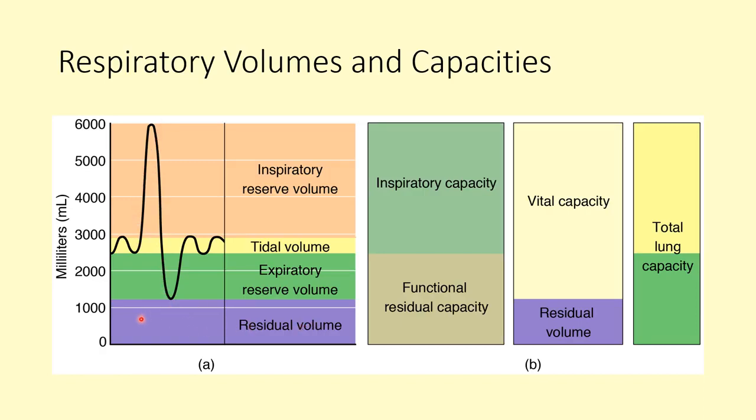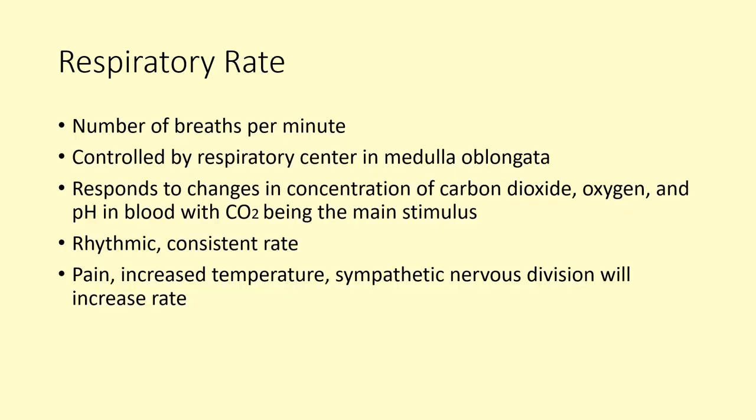And remember that residual volume is what always remains in the lungs. And so you can measure these volumes, determine the capacity, and once again, the total lung capacity, all of these numbers added together gives you an idea of the overall health of the lungs and what's going on.